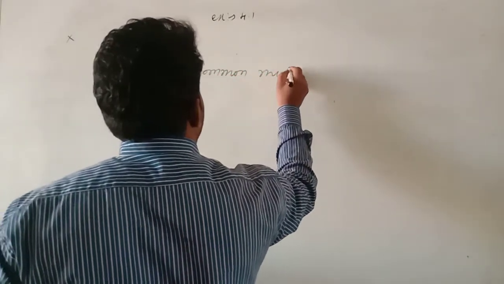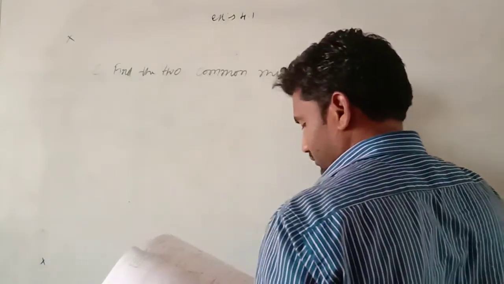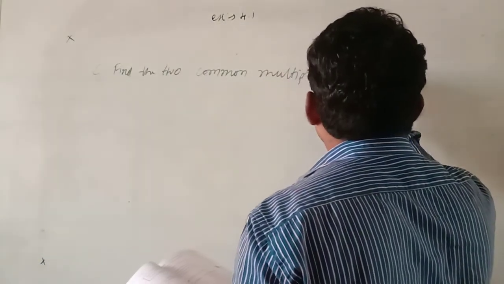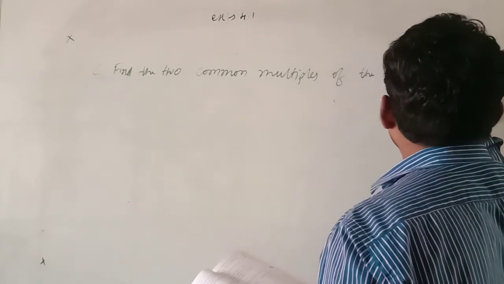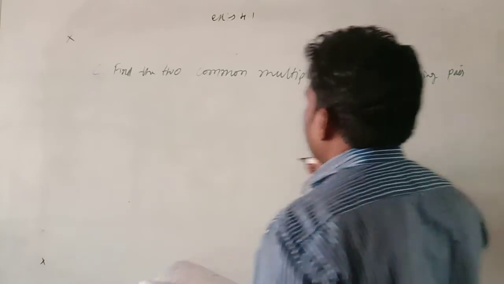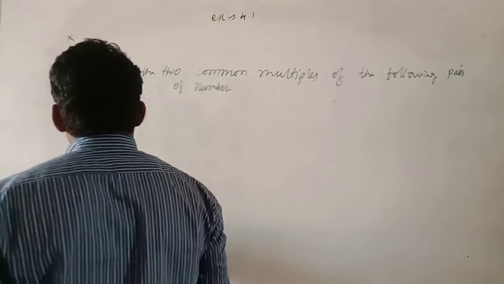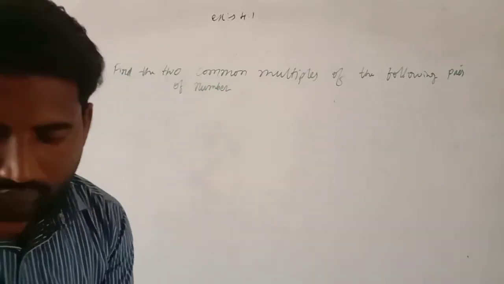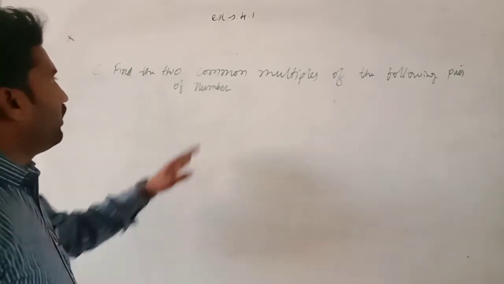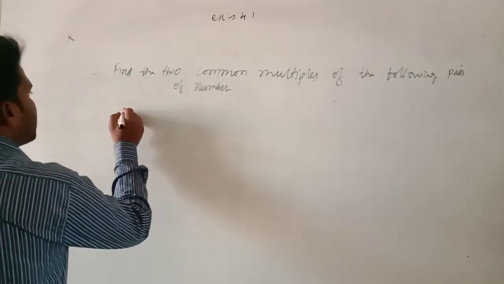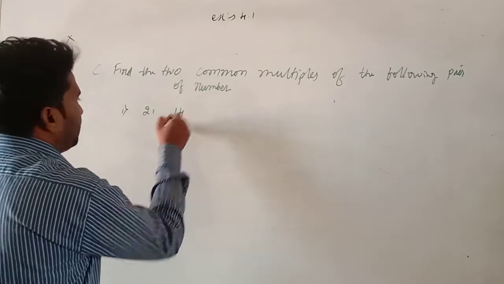Like the second question, where we found the common factors, now we have to find the common multiples. So the first one is 21 and 14.